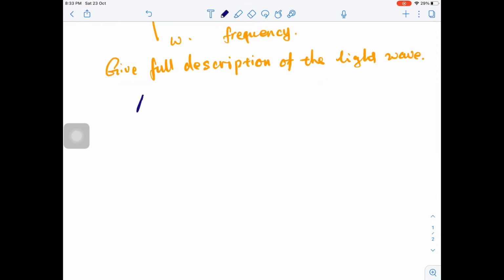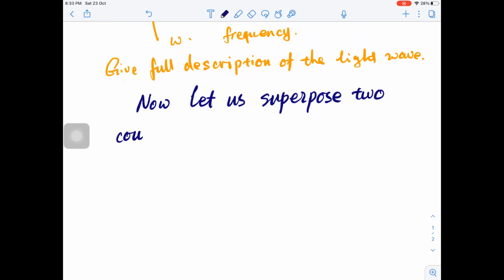Now, since we already have the formula of the electromagnetic wave, we can superpose two counter-propagating light beams to form the standing wave, and we're going to use the mathematical way to describe it.